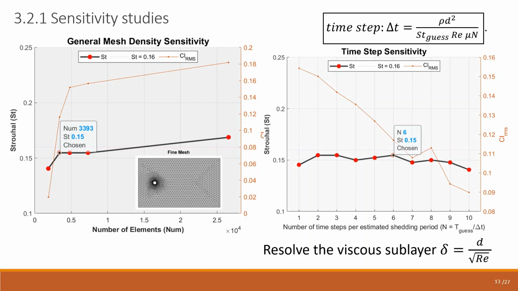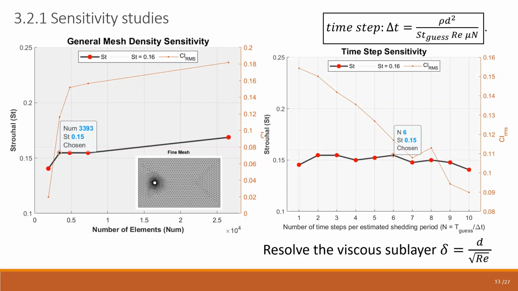The time step of the simulation was also assessed to see if changing the time step would affect the Strouhal number or the lift coefficient. The vortex shedding period was first determined from an overprediction of the Strouhal number, and then the analysis was performed using increments of how many time steps per shedding period.